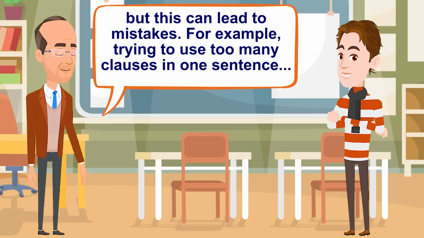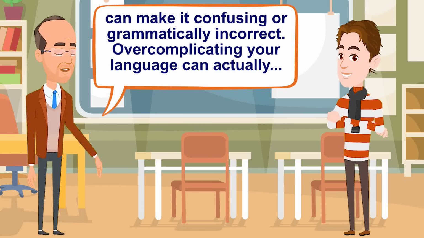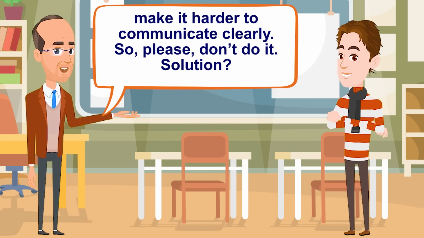For example, trying to use too many clauses in one sentence can make it confusing or grammatically incorrect. Overcomplicating your language can actually make it harder to communicate clearly. So please don't do it.